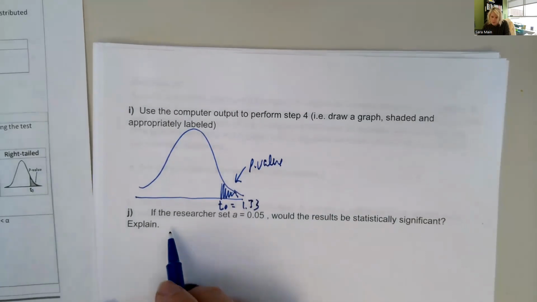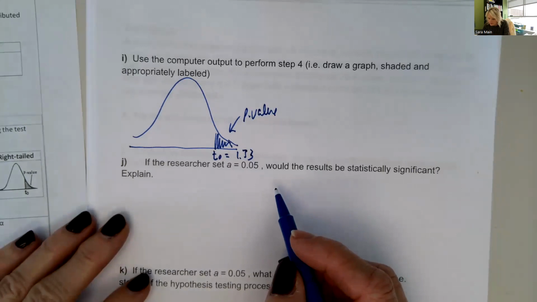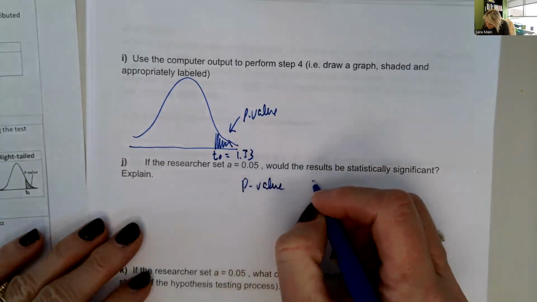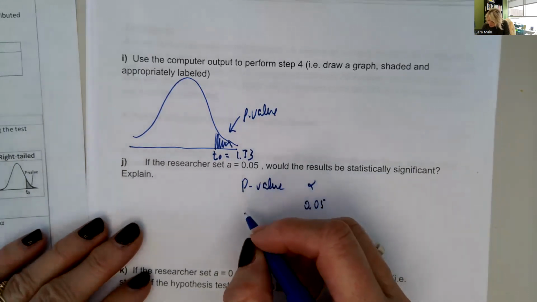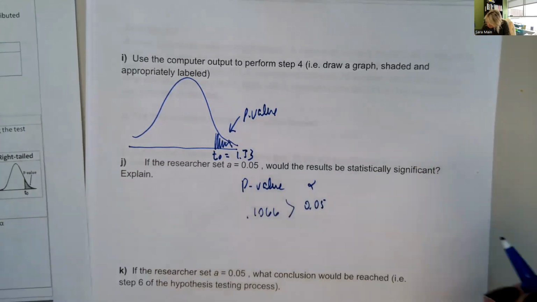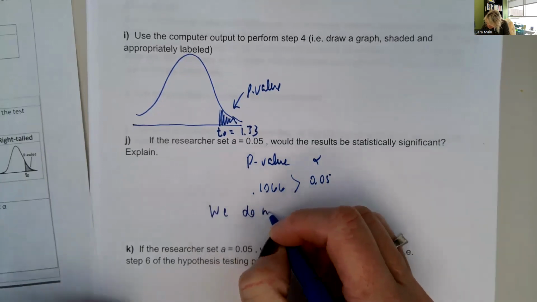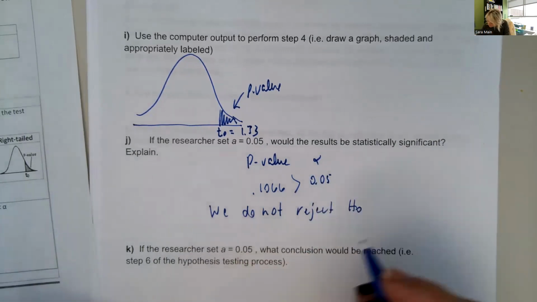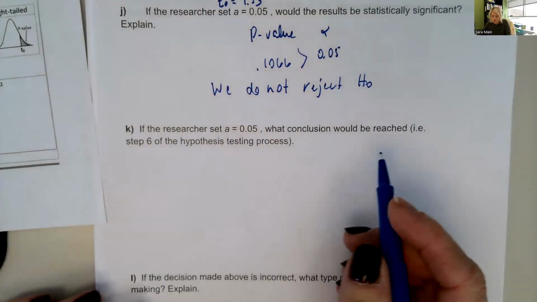And so if the researcher set alpha at 0.05, would the results be statistically significant? So remember that we compare our p-value on the left to our alpha on the right. And our p-value is 0.1066, which is greater than. So we do not reject H0. And so if the researcher did use alpha at 0.05, what conclusion could be reached?